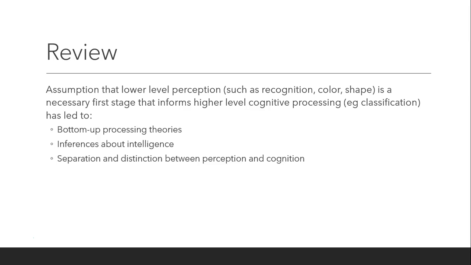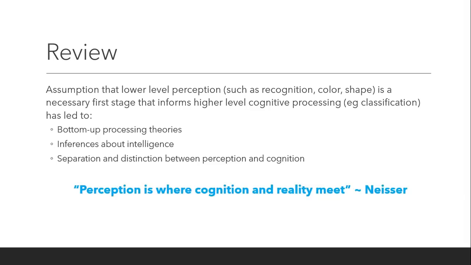In this class, we'll be considering how we perceive the world, how we think about the world, and how we come to know the world. Now, as you contemplate the questions that we have raised here, I'll leave you with the following quote from Ulrich Neisser, the father of cognitive psychology. He tells us, quote, perception is where cognition and reality meet. We'll take a look at him next week when we consider other theories of perception and cognition.